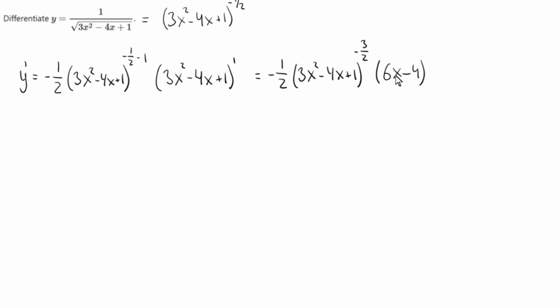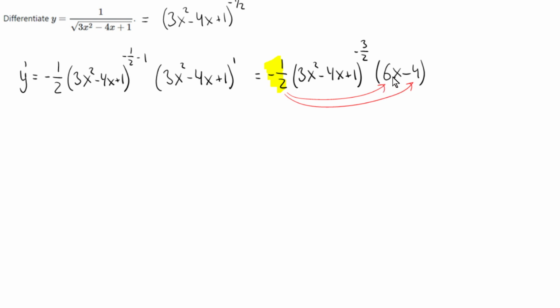Okay. Now at this point, we can simplify this expression a little bit by taking this negative half and multiplying it into this binomial, like that, using distributive property. Benefit of this is that we're going to get rid of the negative half term here, and both 6 and negative 4 can be divided by 2, so we don't have to deal with fractions or decimals.